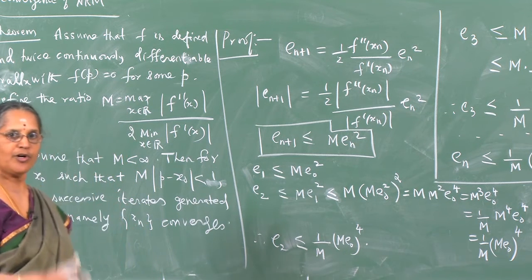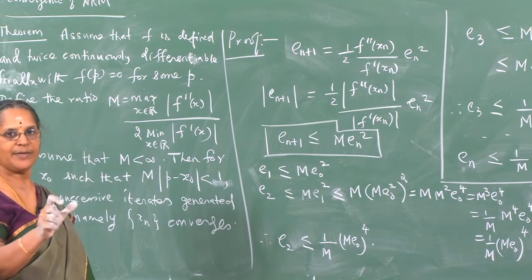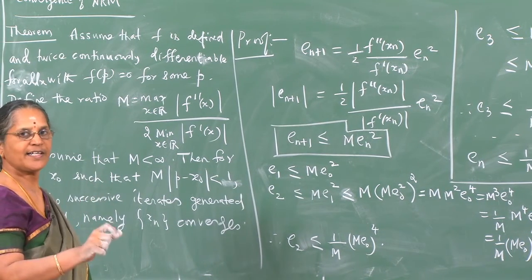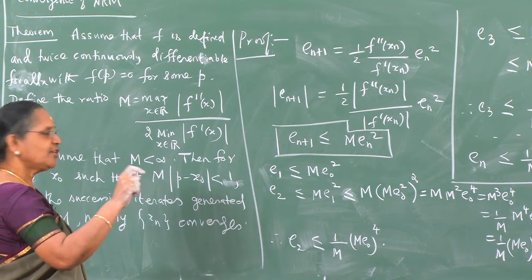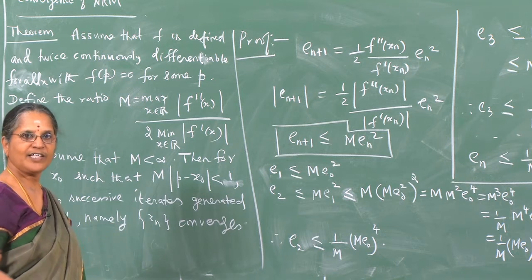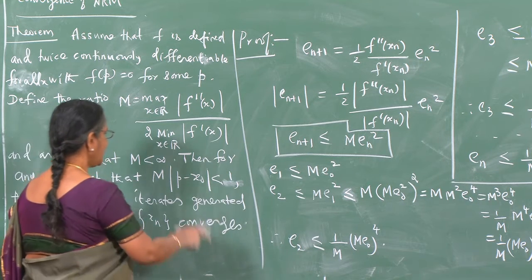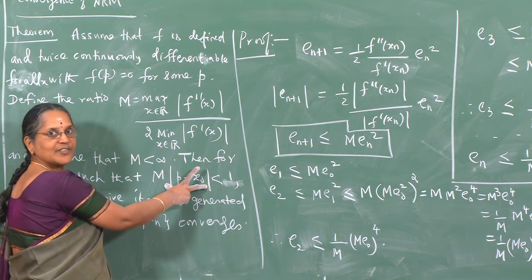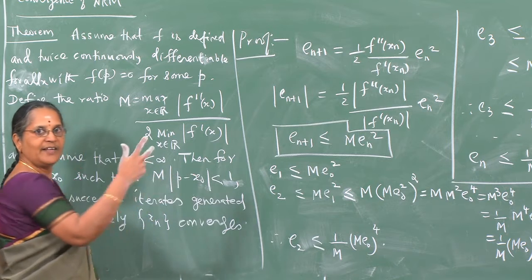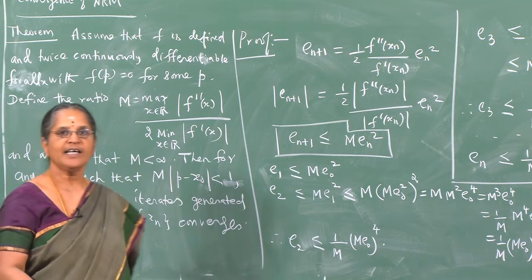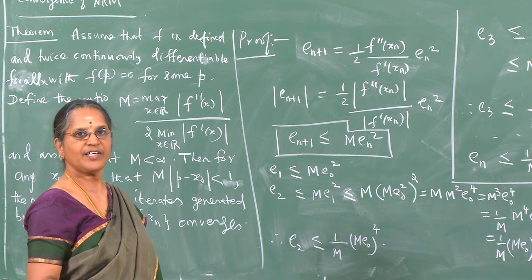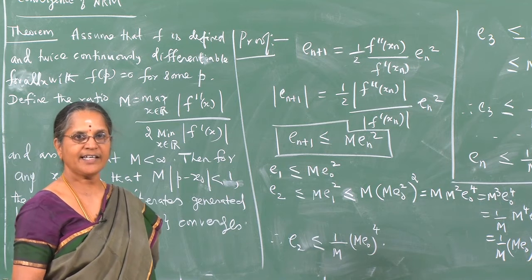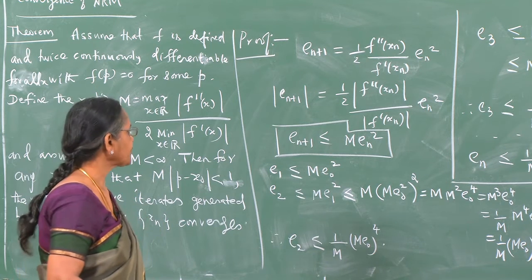So, you now know how your initial approximation x naught is to be chosen. It must be close to the exact root of the equation in such a way that this condition is satisfied. If this is satisfied, then your Newton-Raphson method converges to a root of the equation correct to the desired degree of accuracy.